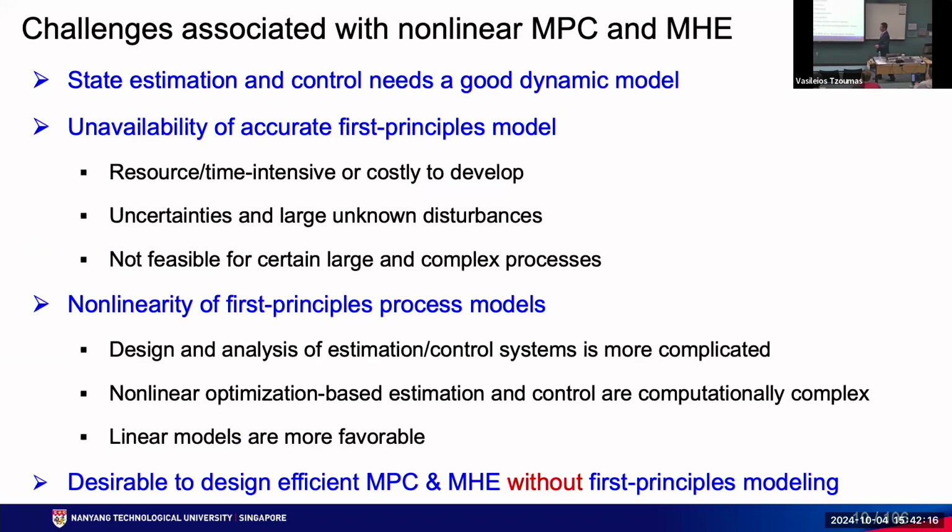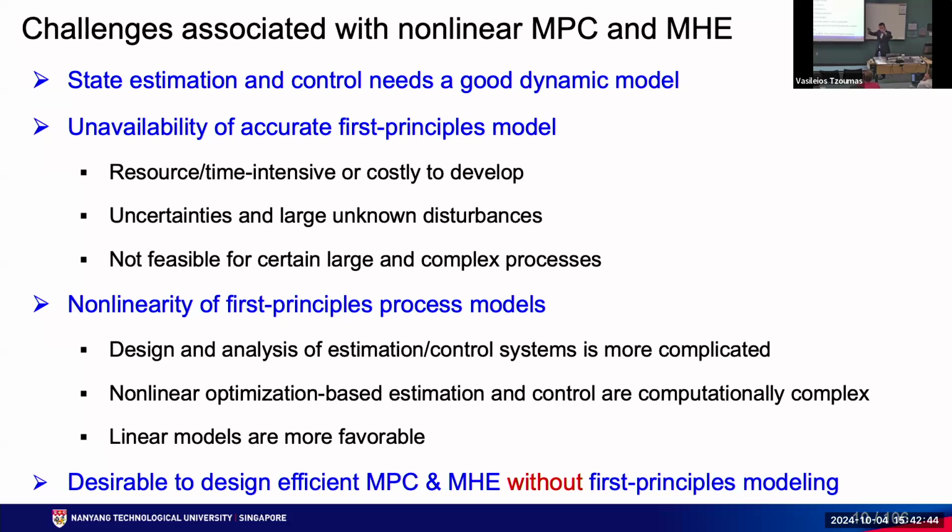But we highlight some of the challenges or limitations of the existing nonlinear MPC and MHE solutions, which means the methods developed based on nonlinear first principle models. State estimation and control, of course, need a good dynamic model. But for the processes we are considering, the availability of a first principle model, especially an accurate, high-fidelity first principle model, indeed is an issue from a practical point of view.